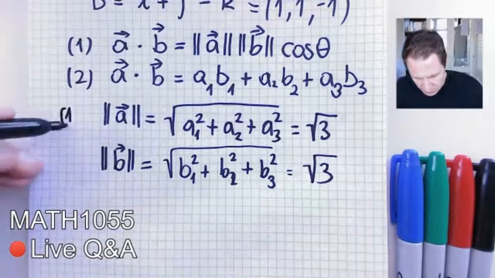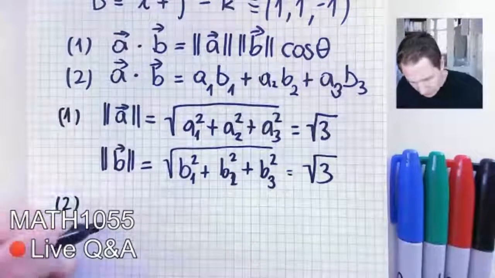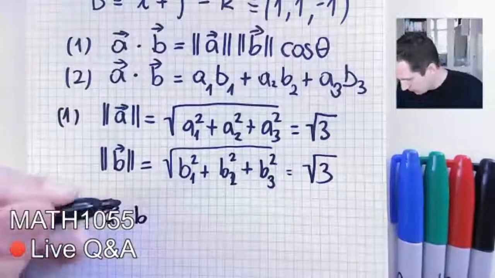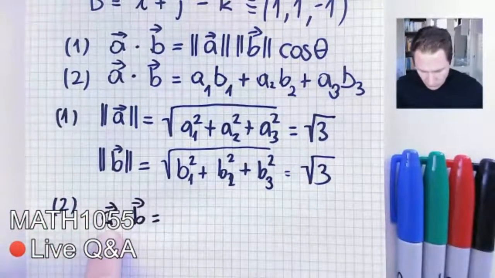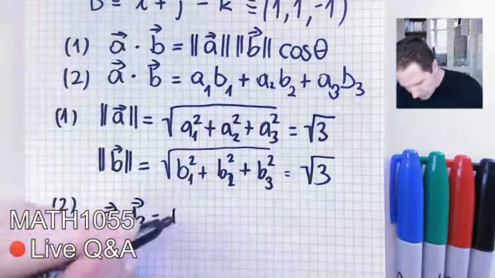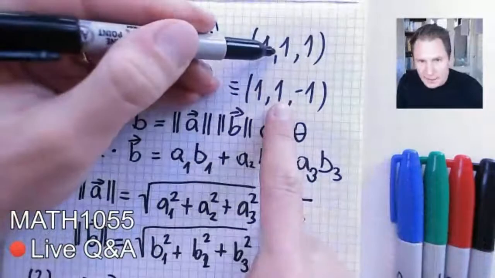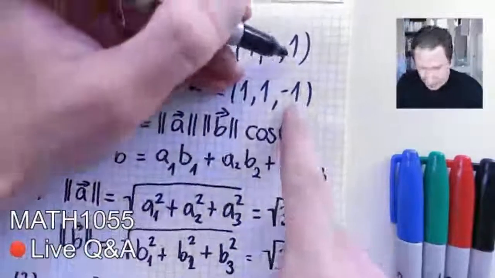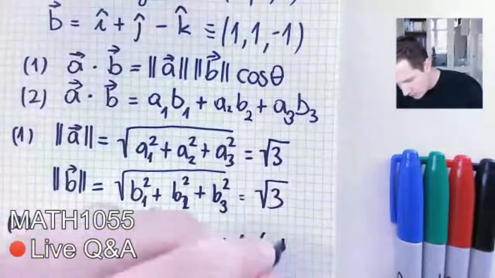So that was on the right-hand side of the first formula. Now for this, we can directly apply the second formula and simply calculate the scalar product, basically just taking the product of the first coordinates, so that's 1 times 1, plus the product of the second coordinates, that's again 1 times 1, plus the product of the third coordinates, that's 1 times minus 1.